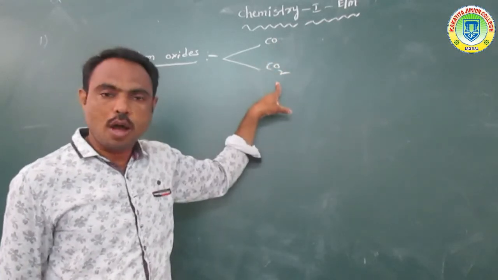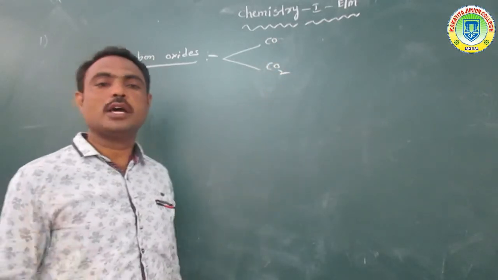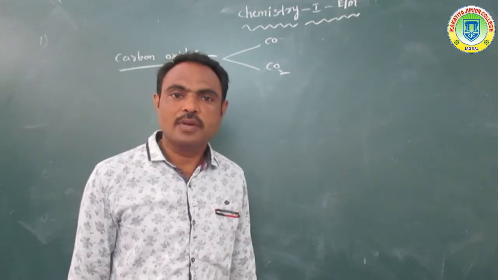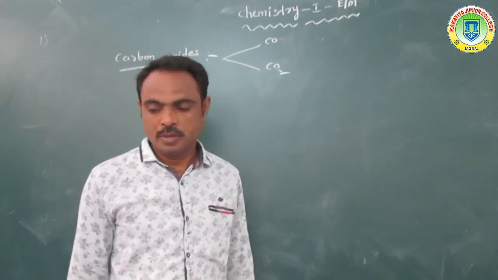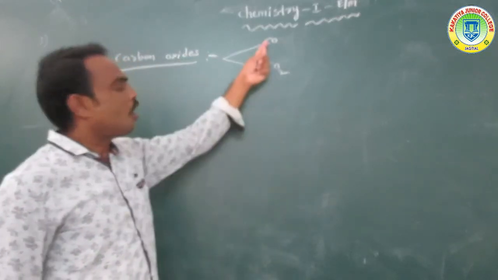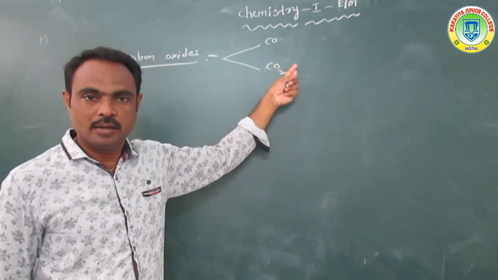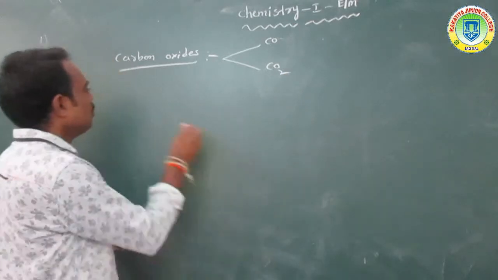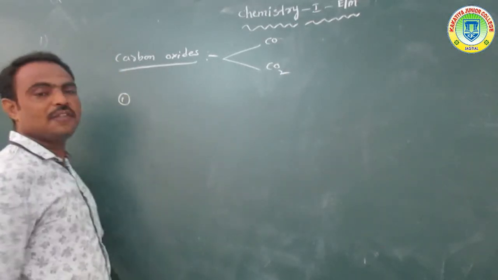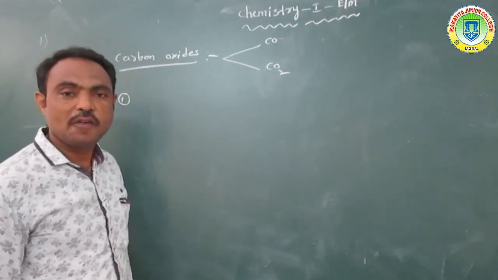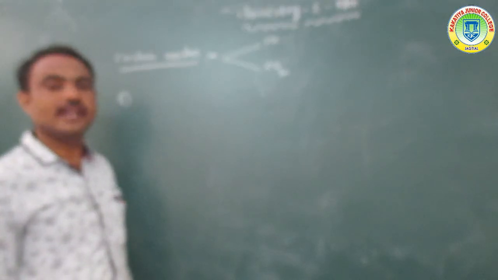In these two oxides, we have discussed the preparation of carbon monoxide, how it is prepared and what the use of carbon monoxide is. Now listen. First of all, preparation of carbon monoxide. Suppose we have taken carbon.